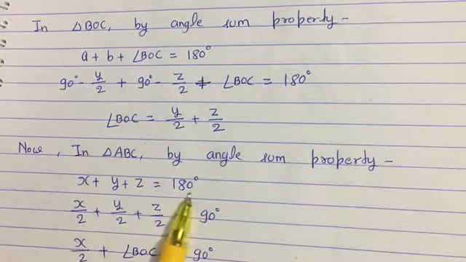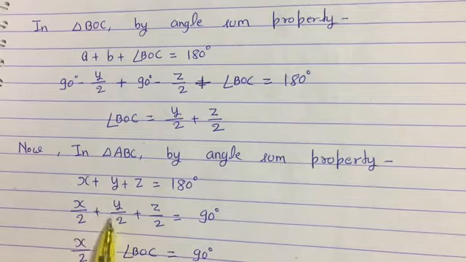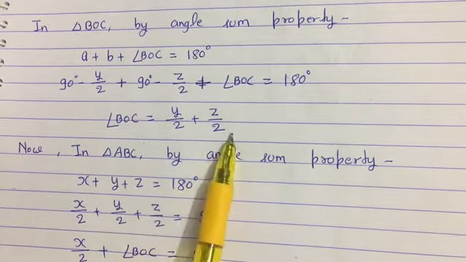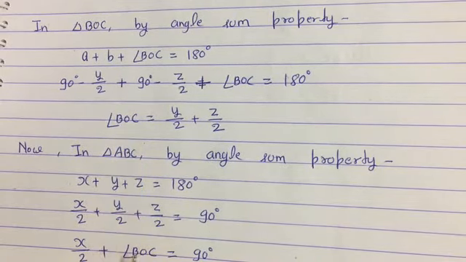So in this equation you have to divide by 2 on both sides. This is x by 2 plus y by 2 plus z by 2 is equal to 180 upon 2 is 90. Clear? Now y by 2 plus z by 2 is equal to angle BOC. So in place of y by 2 plus z by 2, we have to write angle BOC plus x by 2 is equal to 90.